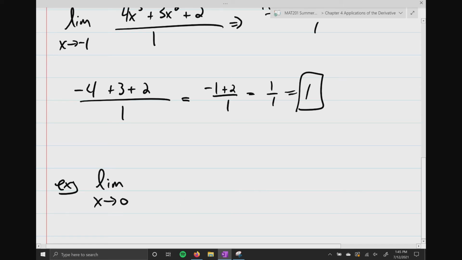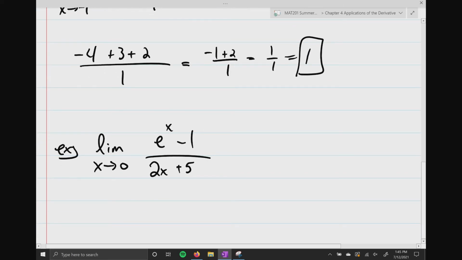The limit as x approaches 0 of e to the x minus 1 all over 2x plus 5. So here's an example where I wouldn't even apply L'Hopital's rule. I would just go ahead and do direct substitution. We get e to the 0 minus 1 all over 2 times 0 plus 5. We know e to the 0 is 1.